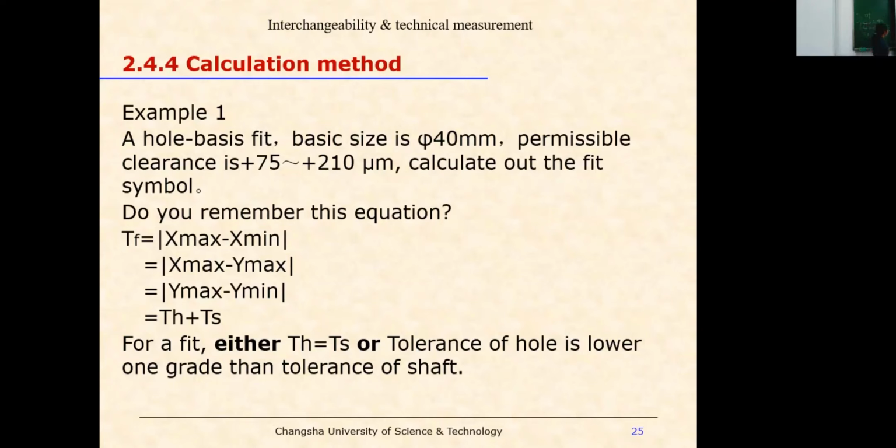And then for the grade, we choose the tolerance so the hole and shaft have the same manufacturing method and the same manufacturing difficulty, right? They are the same grade. But when the hole grade is lower than or equal to 8, the hole is one grade lower than the shaft tolerance, right?